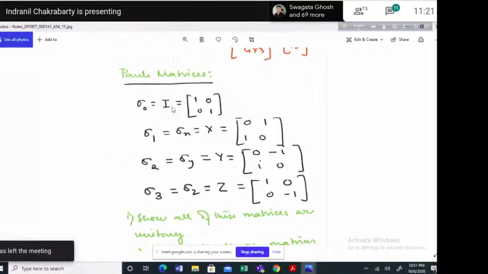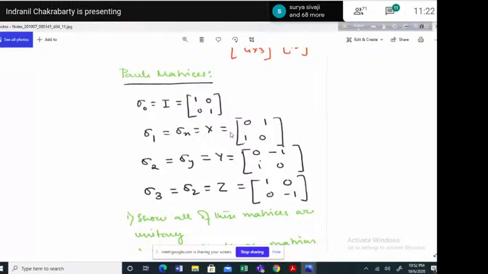So for example, sigma 0 is the identity matrix, and sigma 1 is the X gate, or with the addition of h bar by 2 it will also be called sigma x, Sx, the spin of the particle in the x direction. While I was doing the Stern-Gerlach apparatus, I was talking about spin Sx, Sy, Sz.